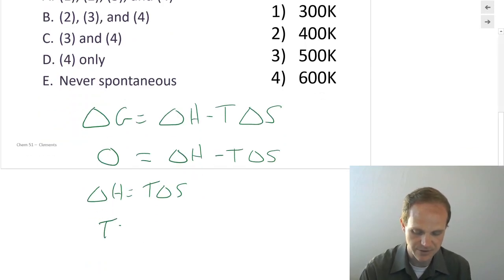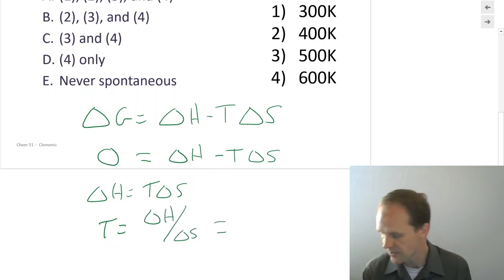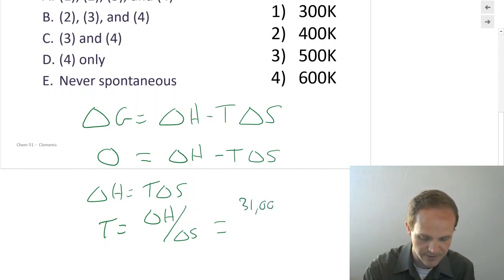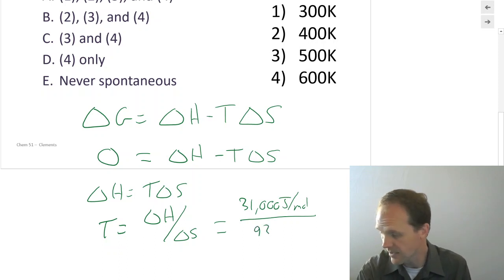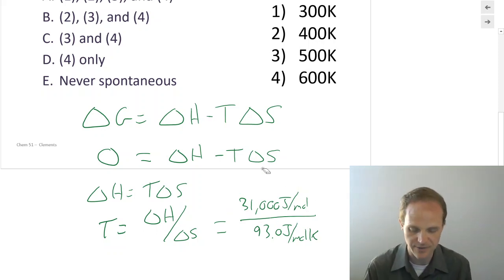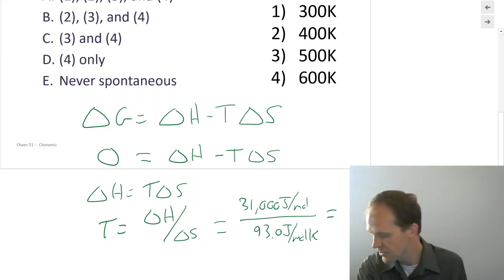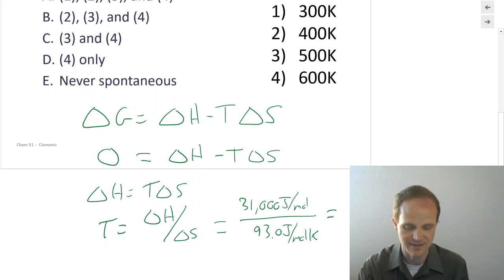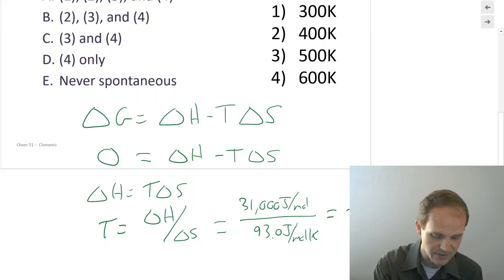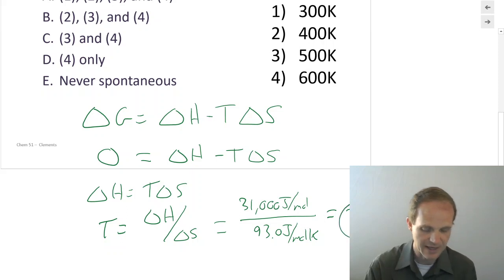And I get the temperature is going to be delta H over delta S. And if I do delta H over delta S, I get 31,000 joules per mole divided by 93.0 joules per mole Kelvin. Notice how I converted my kilojoules to joules there. I just did it in my head for this problem. And if you divide those two, well, I didn't do it in my head. I used a calculator because I'm not that good at math. All right, if you calculate that, you get T equals 333 Kelvin.